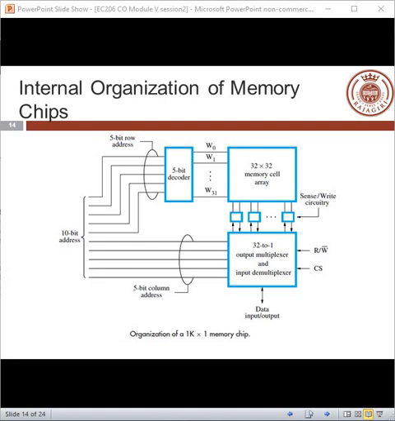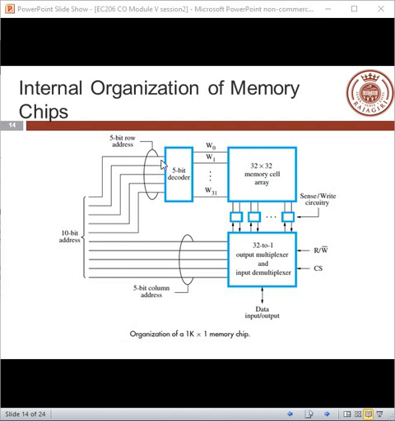For that, we will be using a 32 to 1 output mux or 1 input dmux. So that is shown over here. And for this mux or dmux, we will have a 5-bit select because here we have 32 bits. So if we organize our 1k bit memory element like this, how many pins do we need?